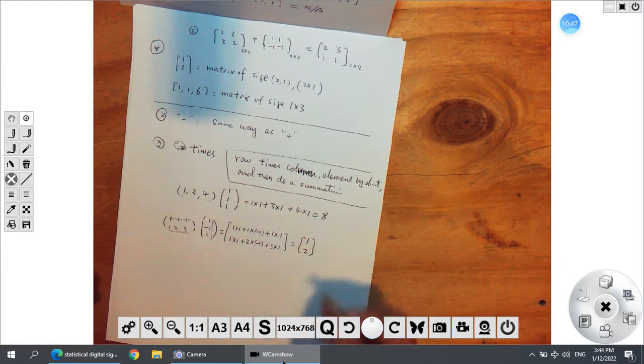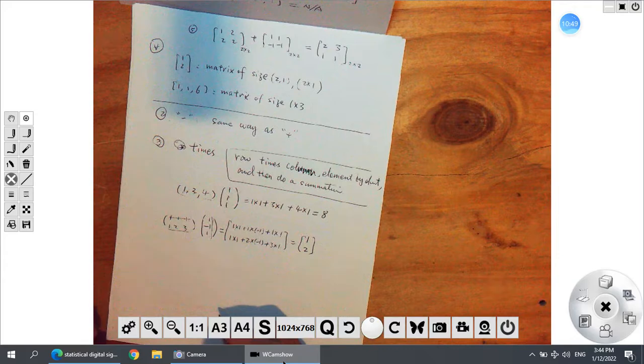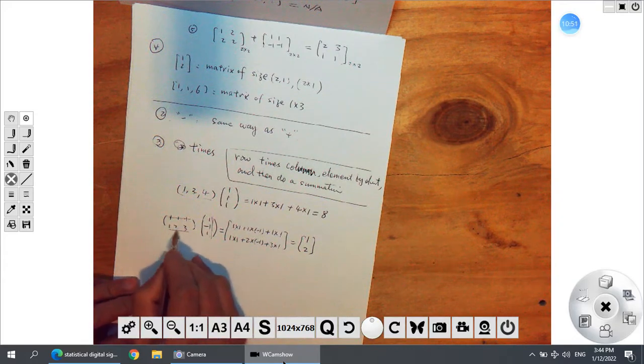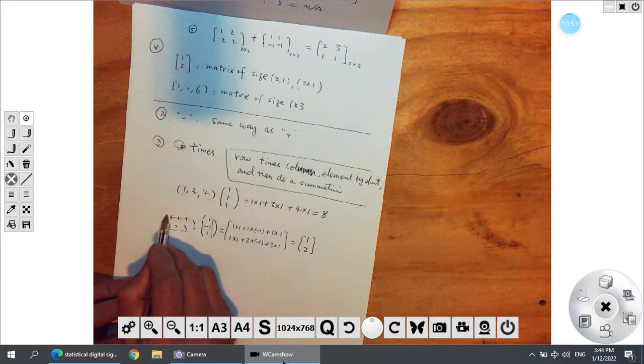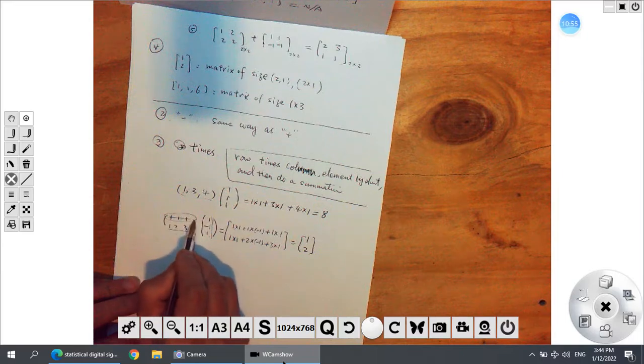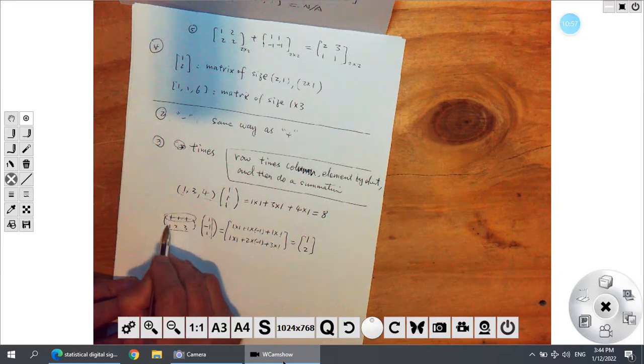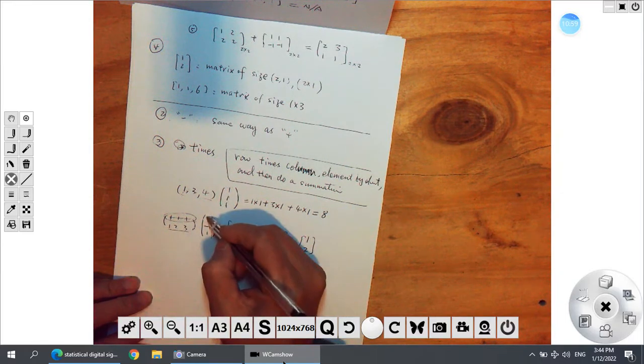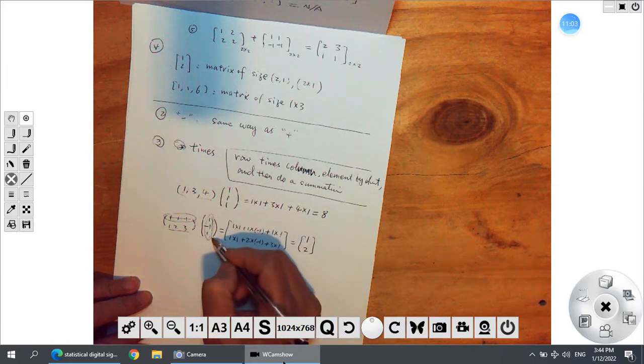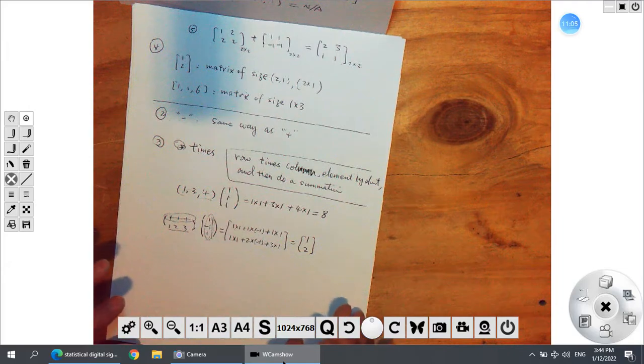Okay, I got this. So what do you need? The number of columns in the first matrix must be the same as the number of rows in the second matrix. Then you can do the multiplication.